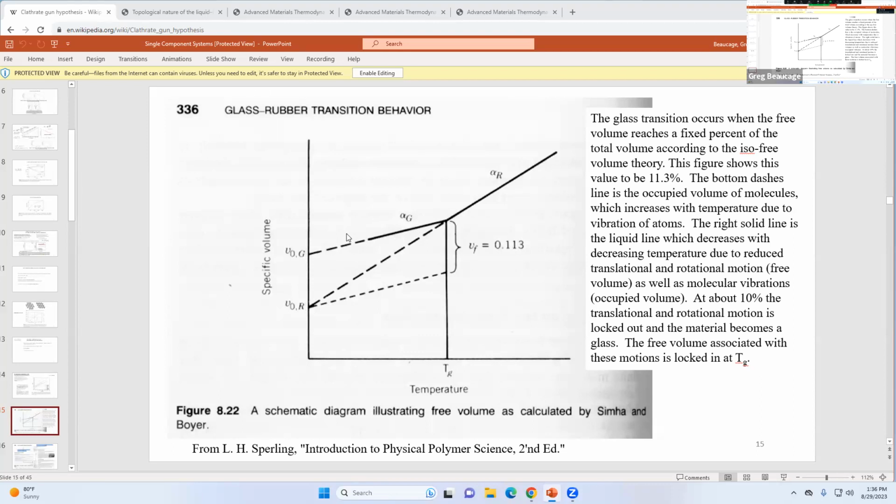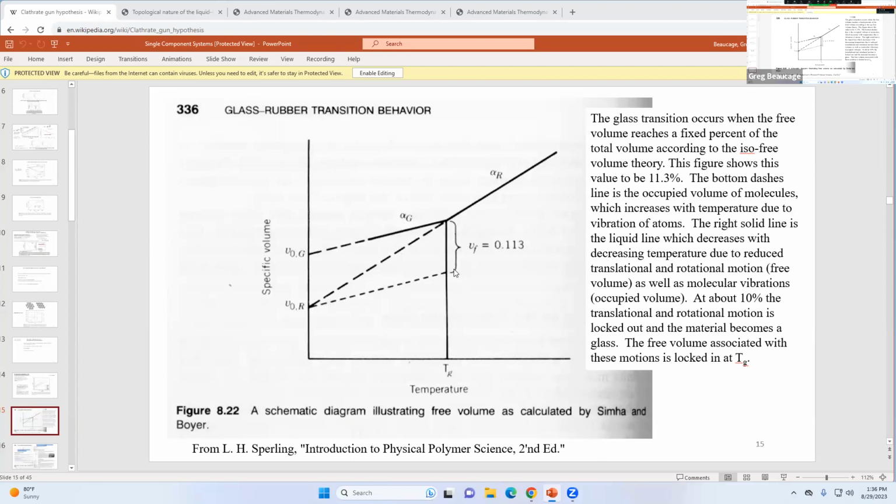Is there a change in the free volume, or is it at that specific value of free volume? There's still a thermal expansion coefficient to it. So I think he's saying that the Bohr radius has a thermal expansion coefficient, so you start out with a zero Bohr radius, and then it increases with temperature.